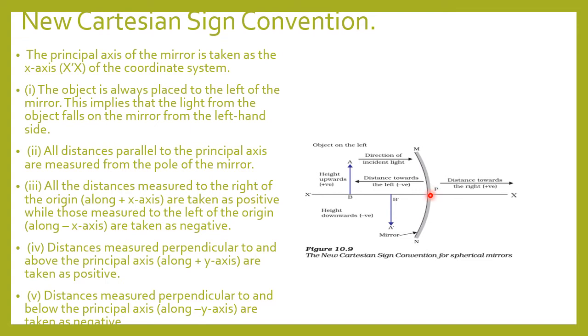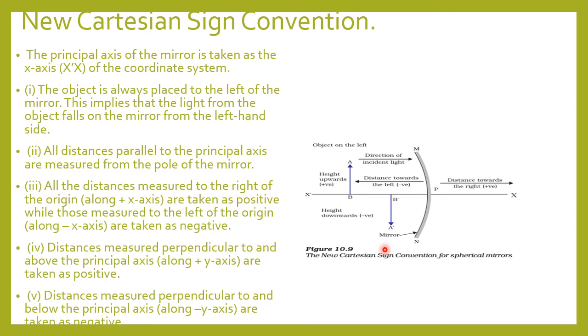So P acts like an origin. Anything on the left side of P is taken to be negative, and anything to the right side of P is taken to be positive. Then distances measured perpendicular to and above the principal axis are taken as positive, and anything below will be taken as negative.